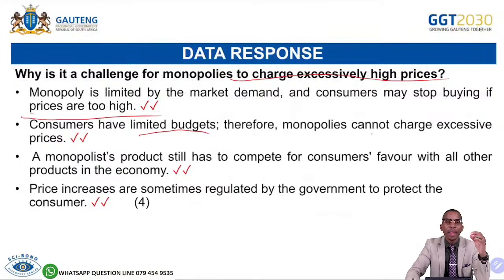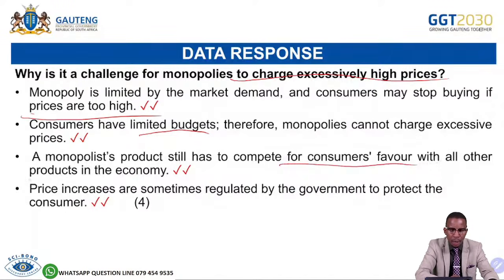A business can be a natural monopoly where it does not have any competitor, but if it charges excessively high prices, consumers with limited budgets will opt for not buying that particular product because they can't afford it. So there will always be alternatives available for them to satisfy their utility. And then a monopoly's product still has to compete for consumer favor with all other products in the economy.